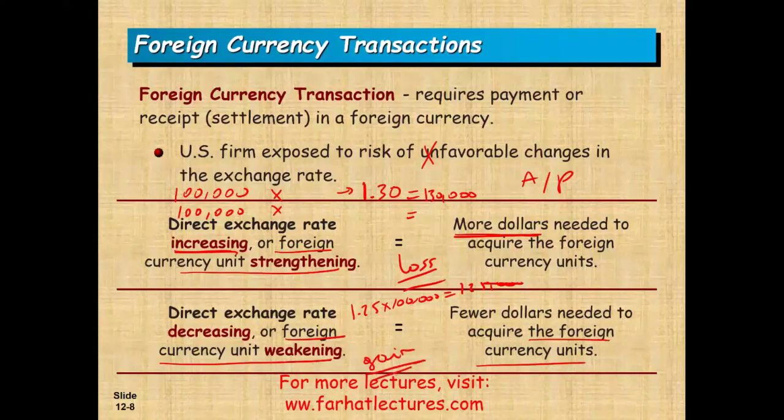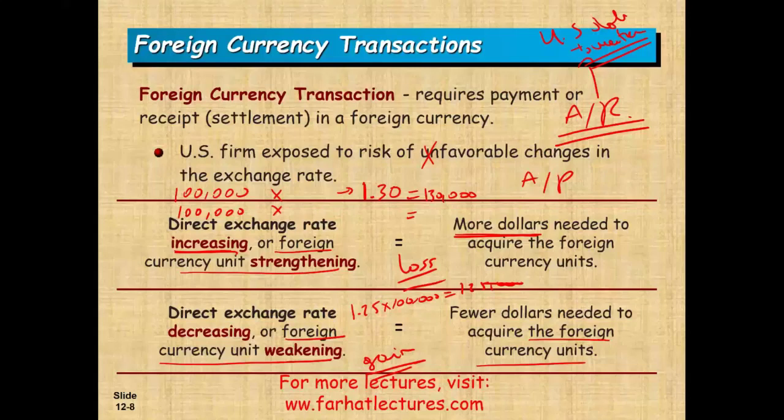So remember, this relationship is the opposite if you have a receivable. If you have an account receivable, you want the US dollar to weaken. If you have a receivable in foreign currency, you want the US dollar to weaken. Why? Because when you receive the euros, if the US dollar is cheaper, you can buy more US dollars. So it's the opposite with account receivable.